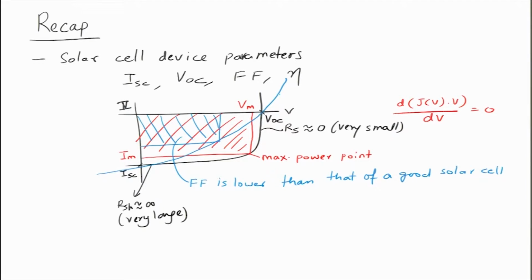For the blue one you can see that the series resistance RS is large, and RSH is smaller, and this is what results in the lower fill factor.